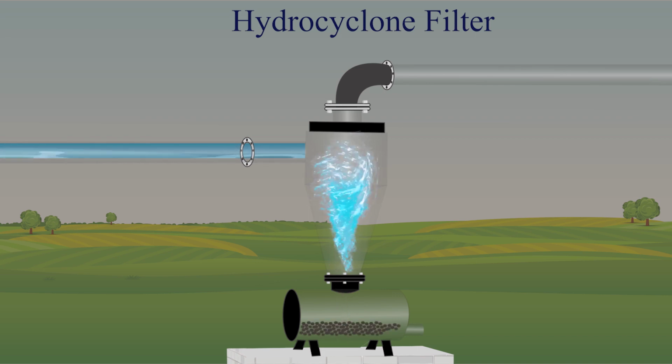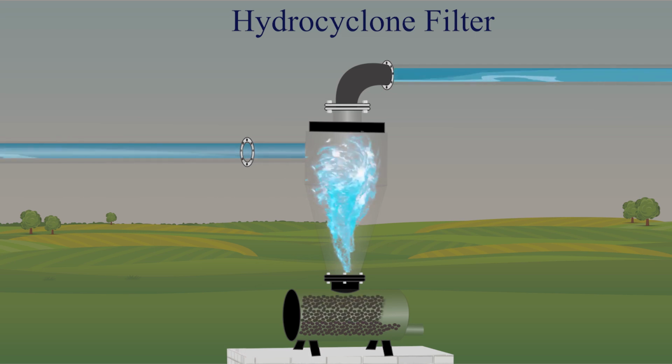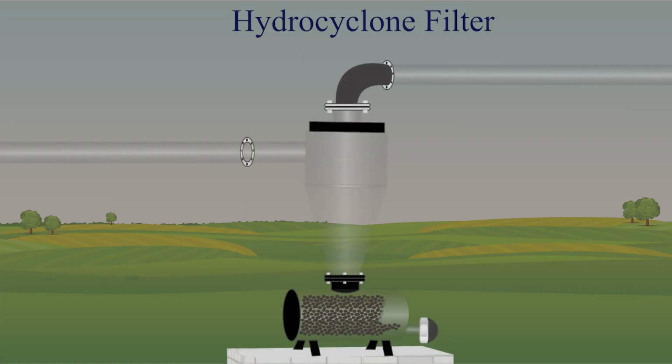Particles gravitate downwards into the sedimentation tank, while clean water moves upwards and exits through the top outlet. The filter becomes ineffective once the dirt collection chamber is full. A hydrocyclone filter requires least maintenance as regards cleaning. For cleaning, flush the chamber by opening the flush valve or cap, or open the main valve.